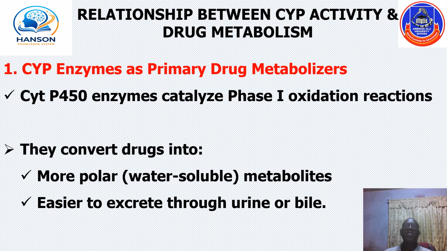At this point, we can ask ourselves, what is the relationship between cytochrome P450 activity and drug metabolism? The relationship is as follows. Number 1, cytochrome P450 enzymes are primary drug metabolizers.